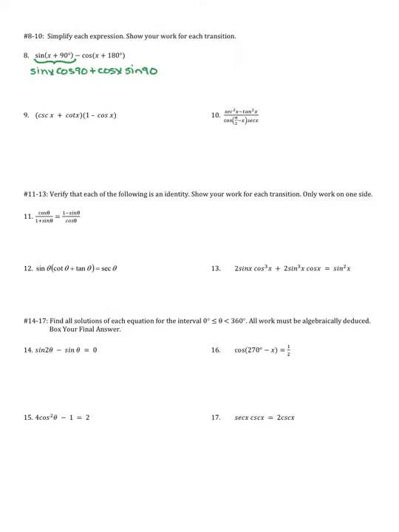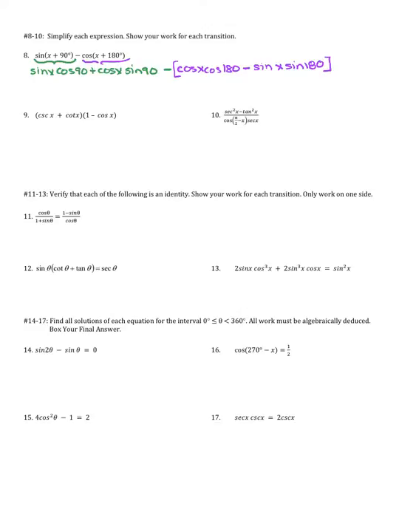Then we have a minus, and we're going to expand this one. So it's a long term. So cosine x cosine 180 minus sine x sine 180. And what I'm going to do is put all that in parentheses because there is a negative sitting out in front of all of that.